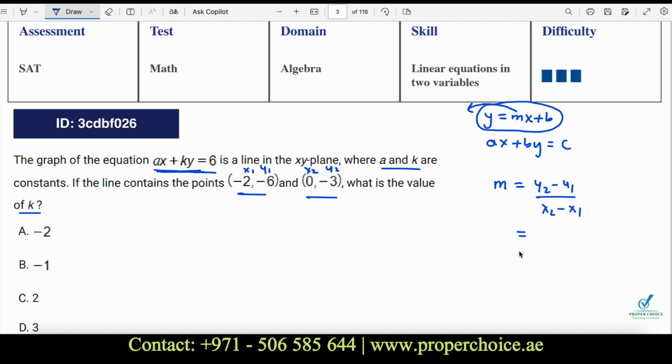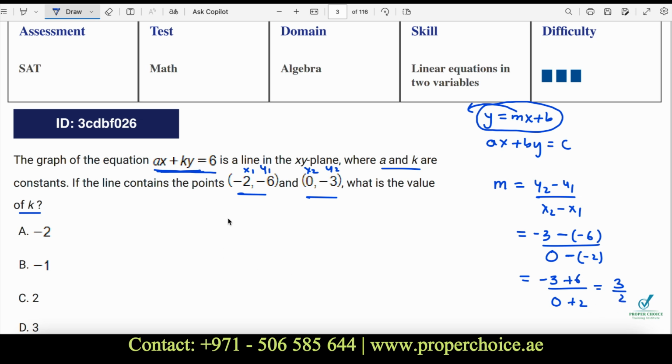Use it and you'll get y2, which is -3, minus y1, which is -6, divided by x2, which is 0, minus of -2, because this minus sign is already there in the rule. -6 and -2 are the coordinate values. If you put them carefully, this becomes -3, negative of negative is +6, divided by 0, minus of minus is +2, which is 3 by 2.